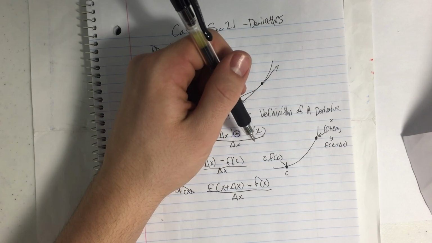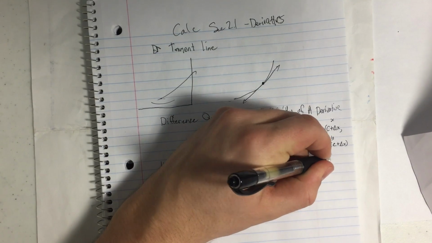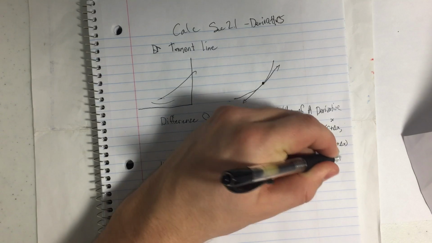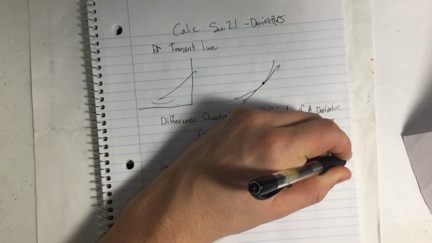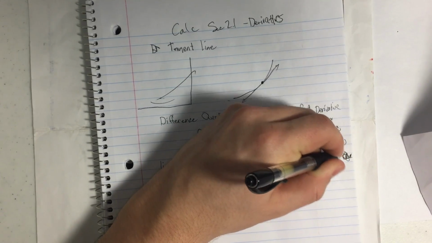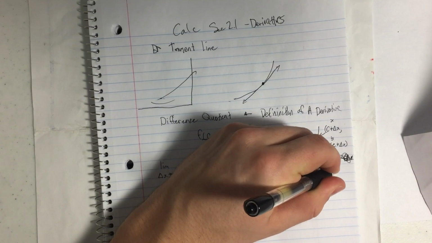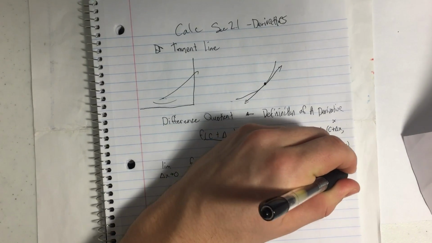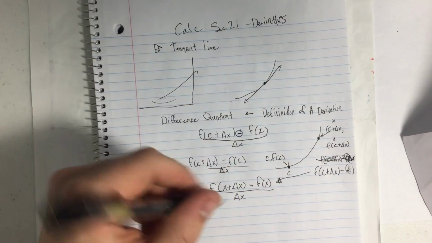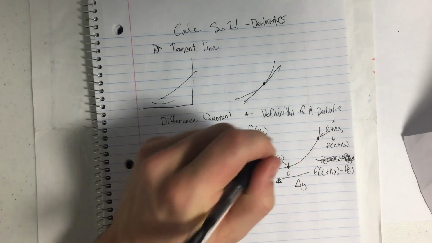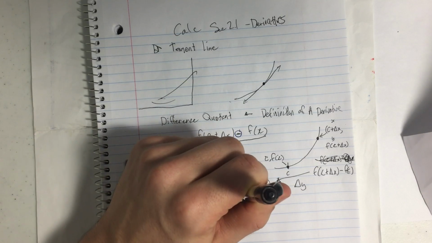So the f of c plus delta x minus the f of c, the top part, gives us the change in y, or the delta y. And then the bottom is just delta x.